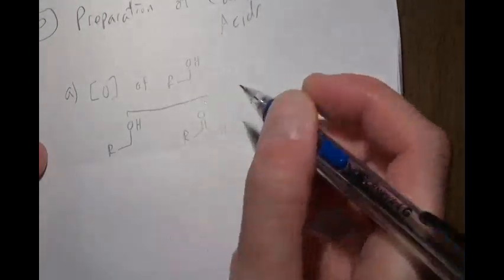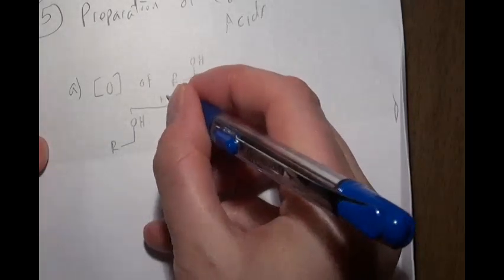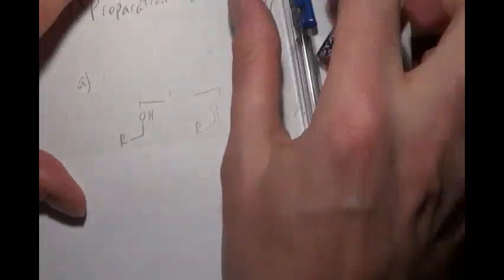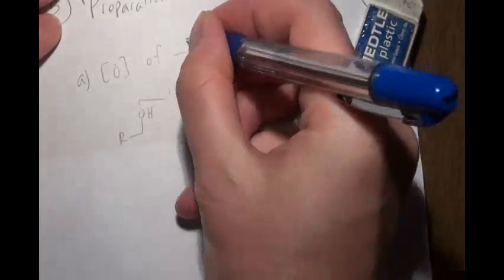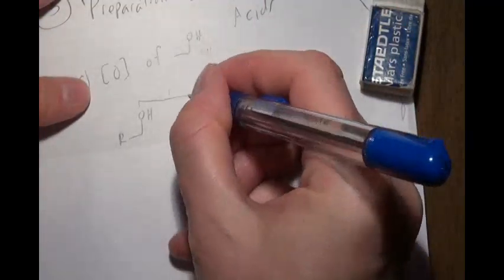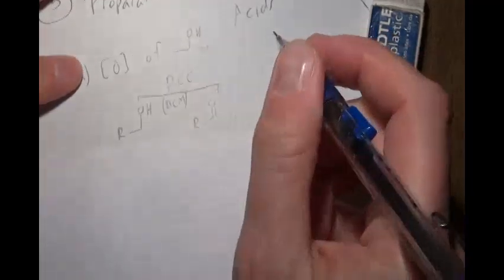If we go from the primary alcohol to the aldehyde, we can do this with PCC. Let's draw this larger. Oxidation of a primary alcohol: the reagent is PCC, and we often add DCM, dichloromethane, in the mixture.